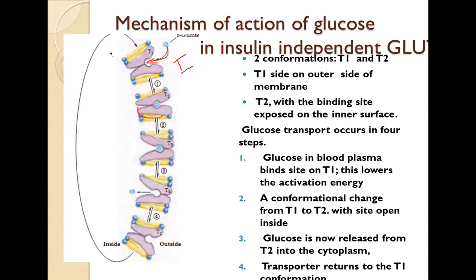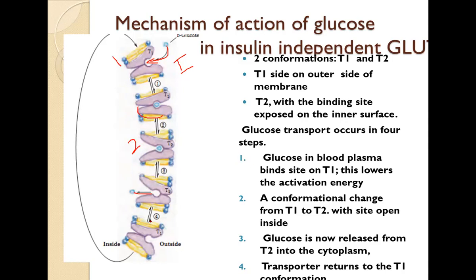This is one conformation that it can exist stably in, and this is the second conformation. So binding of glucose will change the structure to T2. Once it is T2, the glucose which was held here is released into that environment. And once there is no glucose present over here, it returns back to the T1 conformation.